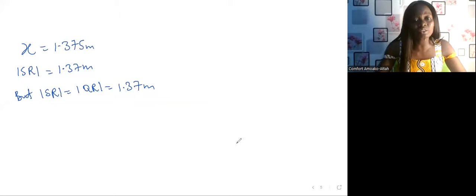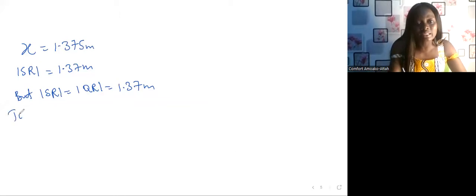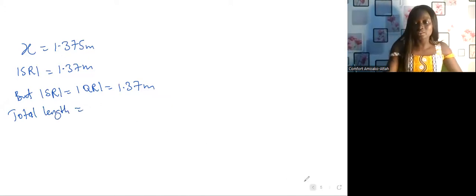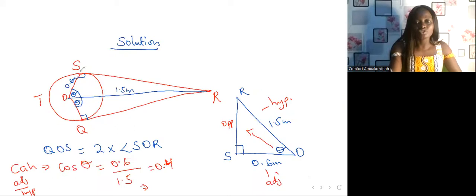Okay. So we are looking for the total length. Let's go back to the diagram. It's going to give us line SR plus line QR plus the major arc.